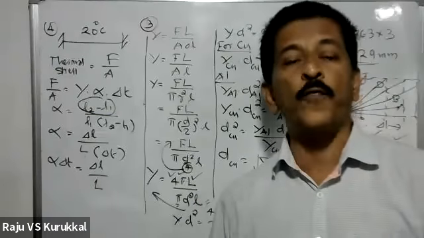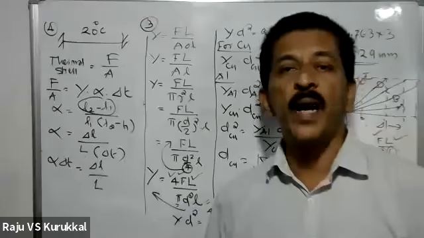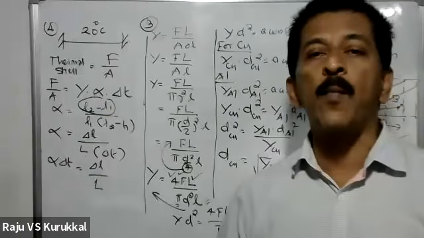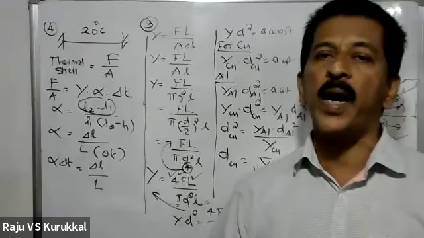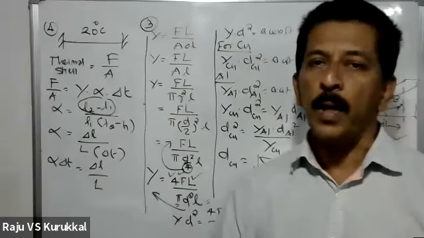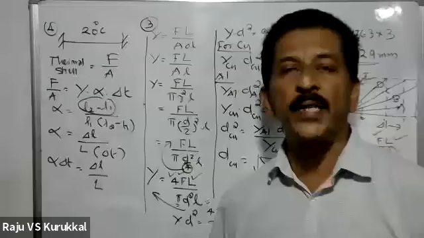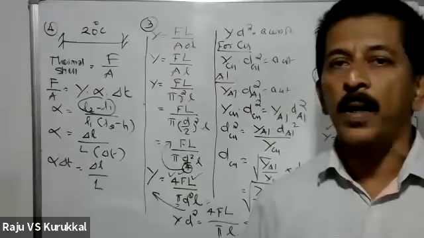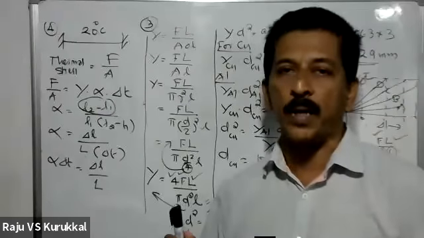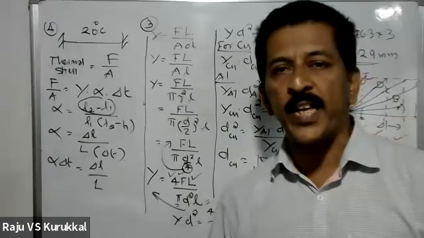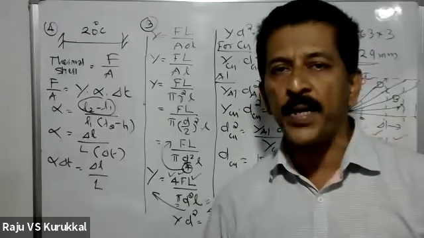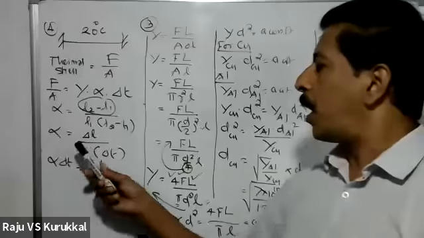Alpha എന്ന് പറയുന്നത് coefficient of linear expansion, beta is superficial expansion, gamma is volume expansion. Alpha is to beta is to gamma is 1:2:3. അത് പ്രത്യേകം നോട്ട് ചെയ്യണം. എപ്പോഴും ലീനിയർ എക്സ്പാൻഷന്റെ 2 ടൈംസ് ആണ് സർഫേസ് എക്സ്പാൻഷൻ, 3 ടൈംസ് ആണ് വോളിയം എക്സ്പാൻഷൻ.